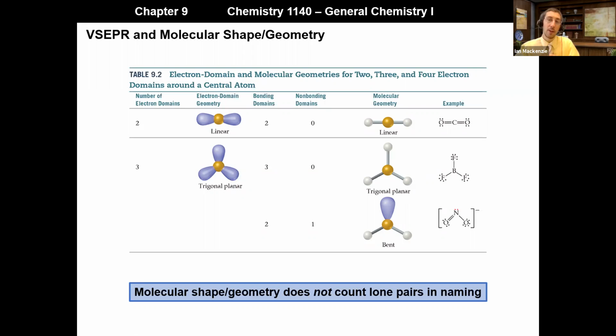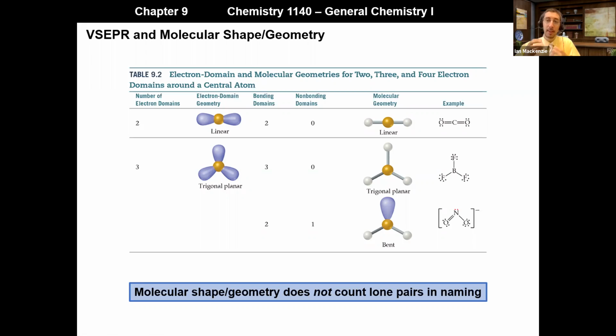However, if one of these is a lone pair, then we get to a case where if I look at this structure right here for NO2 minus, I don't tend to draw out lone pairs very frequently. And so if I just look at the actual atoms, rather than looking like a trigonal planar geometry, it looks more like it's just kind of like a bent nail. And so we refer to this molecular geometry as being bent, where we're really just looking at the atoms that are present.